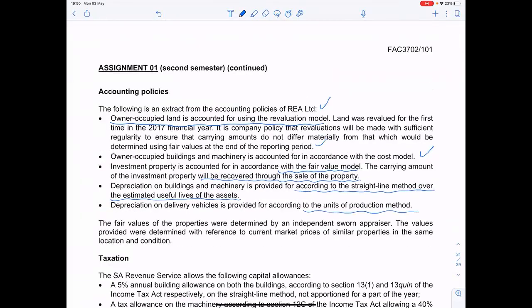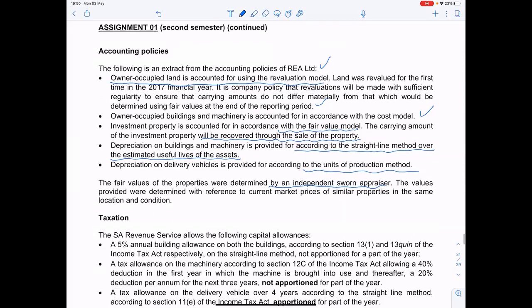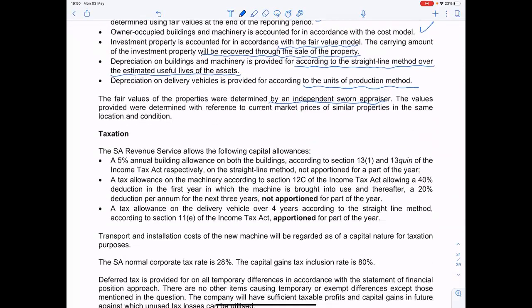The fair values of the properties were determined by an independent appraiser. So this information is important for disclosure purposes. The values provided were determined with reference to current market prices of similar properties in the same location and condition. SARS allows the following capital allowances.